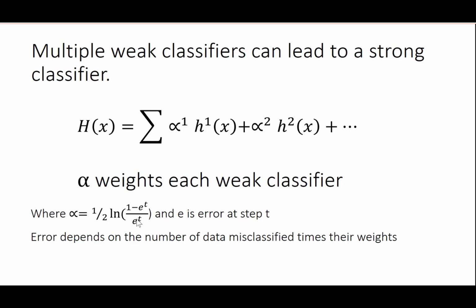So we've got a quarter, and on the top 1 minus a quarter, so that's 3 quarters. So we get the log of 3, and a half of that, and it turns out that's 0.54. So alpha, in this case, would just depend on that error. It depends on the number of misclassified data times the weights of those data at that time.